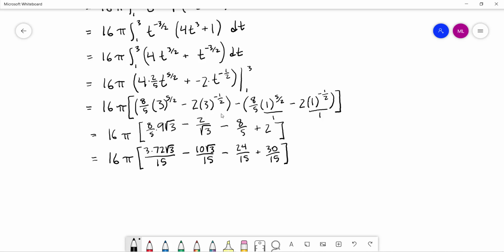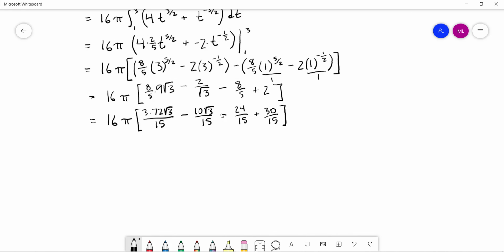3 times 72 is going to be what? 216? I think 216. So I've got 216 root 3 minus 10 root 3 minus 24 plus 30 over 15 times 16 pi.